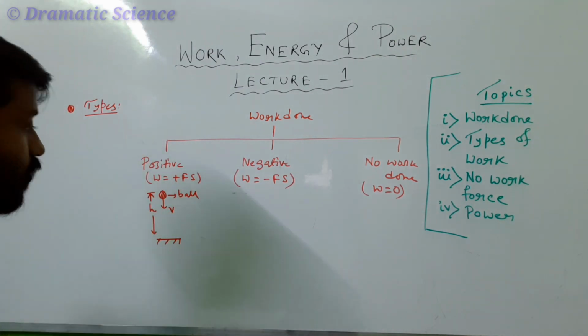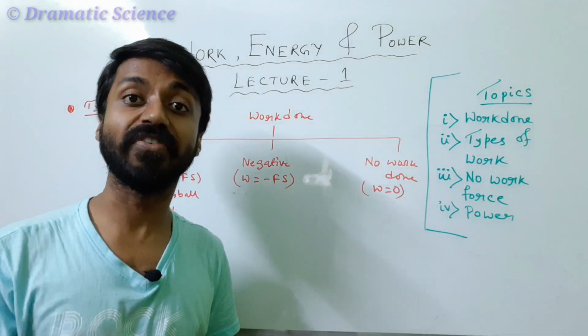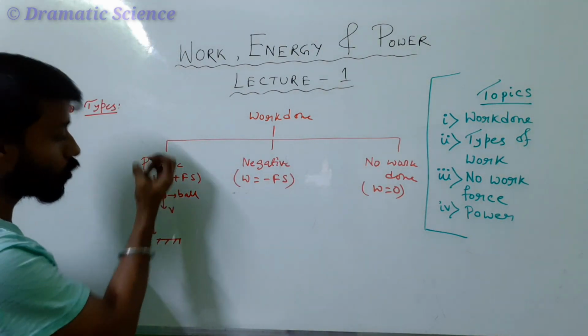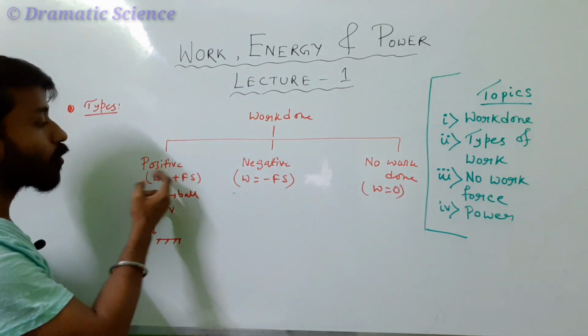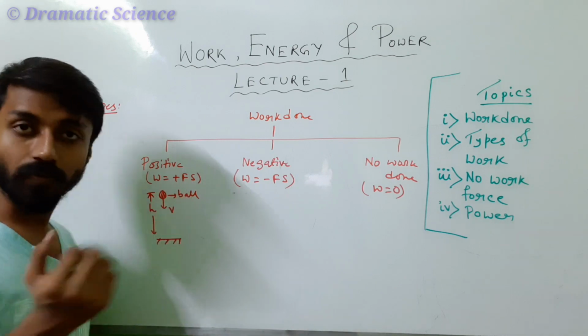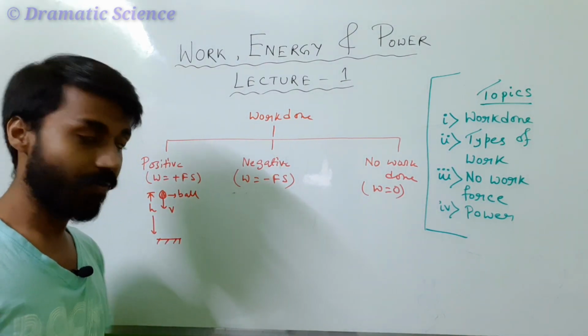See, in the case of a falling ball, earth attracts that ball due to the gravitational attraction force of the earth. So earth is attracting the ball in the direction of its motion. That's why positive work will be done, right? Because force is positive, and S, that is displacement, is also positive, right?